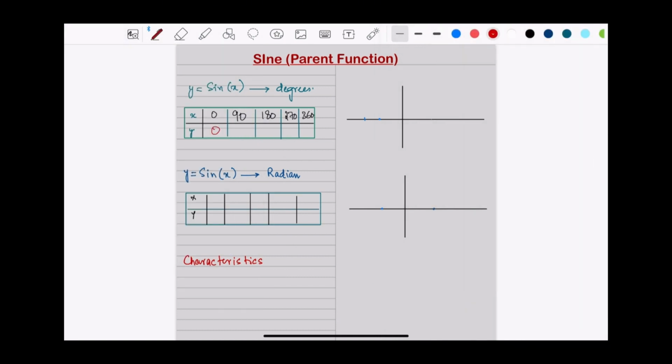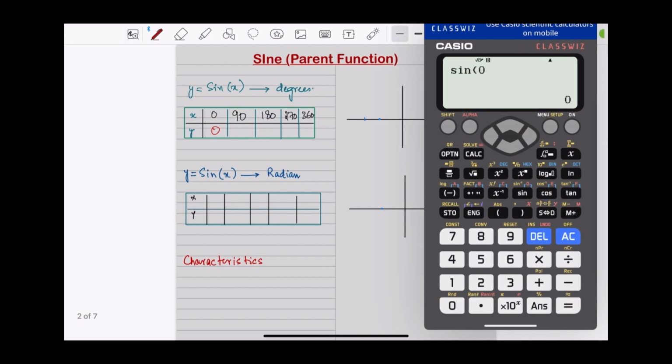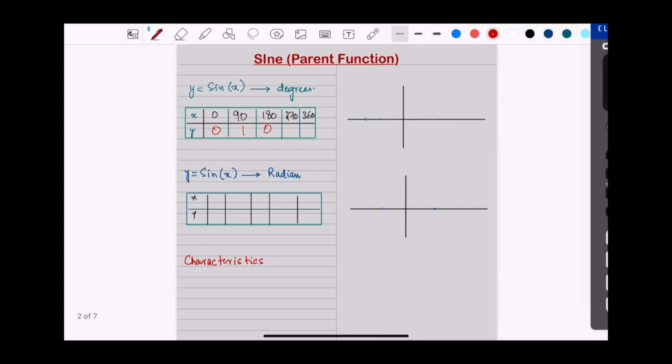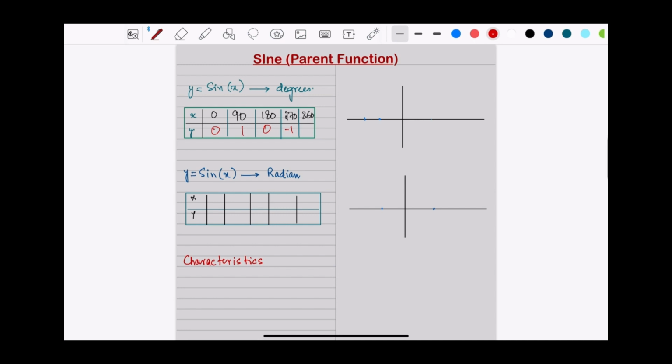So 0. Sine of 90 is 1. Sine of 180 is 0. Sine of 270 becomes -1, and you can try plugging in these values, and this becomes 0.